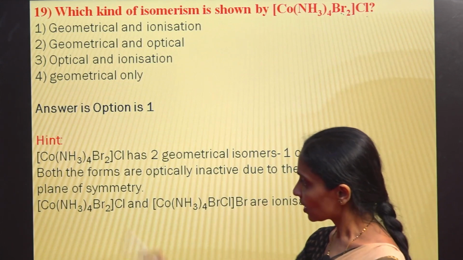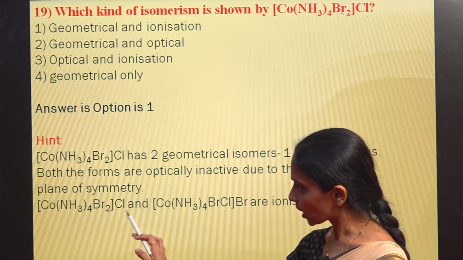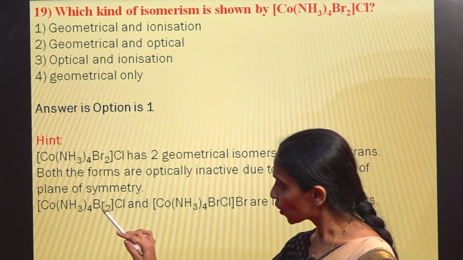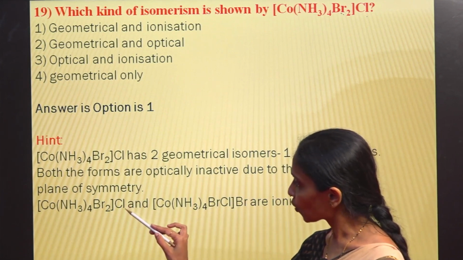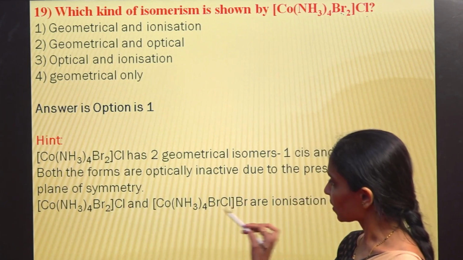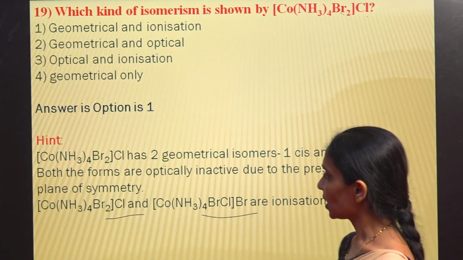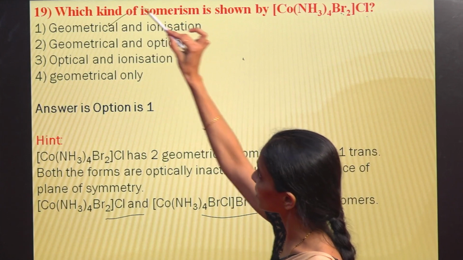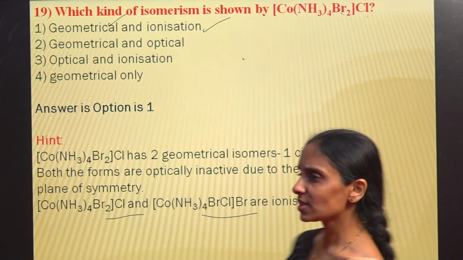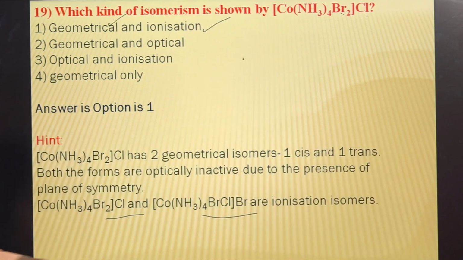Exchange of ligand and the counter ion has to be done. If you bring one bromido ligand outside and take a chloride counter ion inside, okay, you get ionization isomers. That is why the complex exhibits geometrical isomerism and it exhibits ionization isomerism but not optical isomerism. Option 1 is the answer.